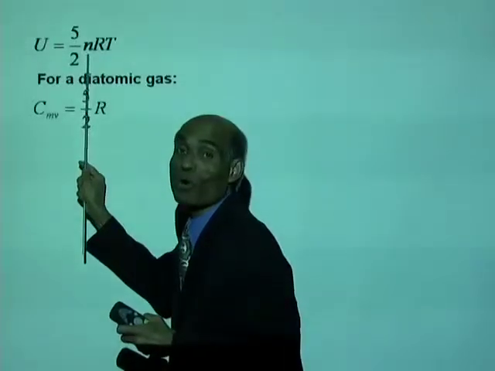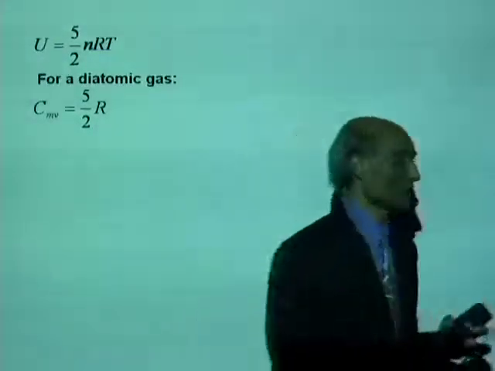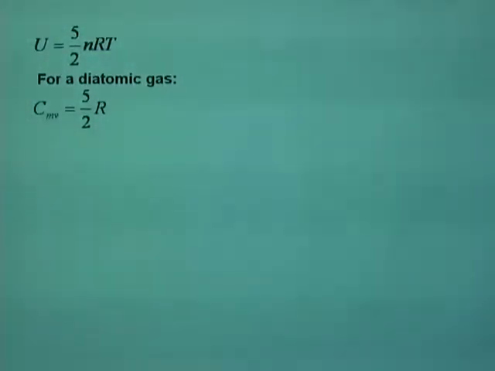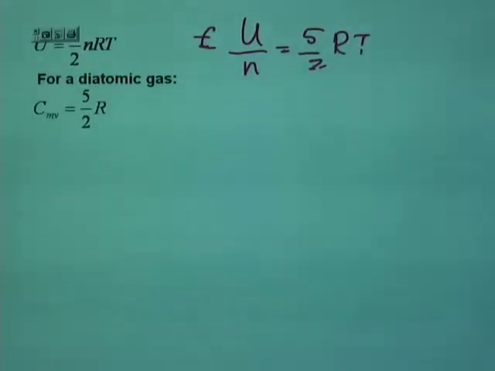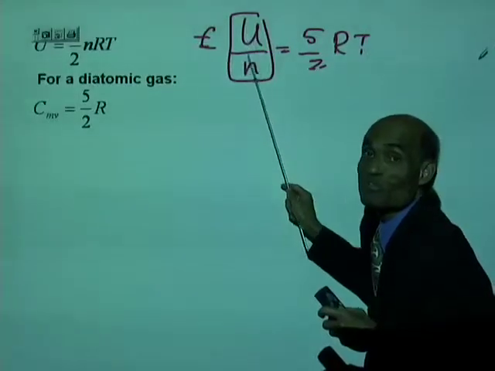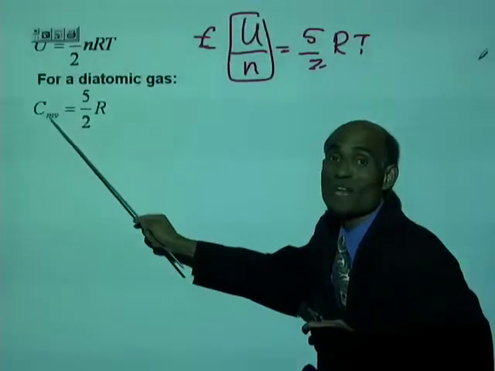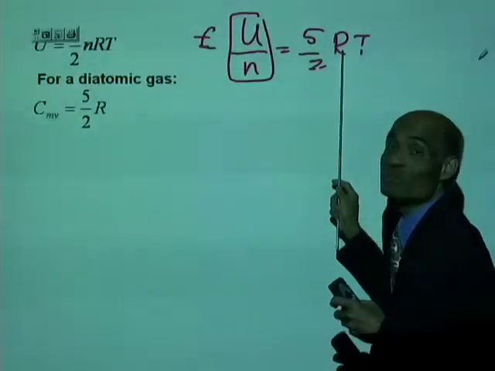Well, this is per mole, but if you divide this quantity by n, I will see the energy per mole, U/n, equal to 5/2 RT. This is the internal energy per mole. If you now take the derivative of this quantity with respect to T, that will be CMV. So CMV equal to 5/2 R.